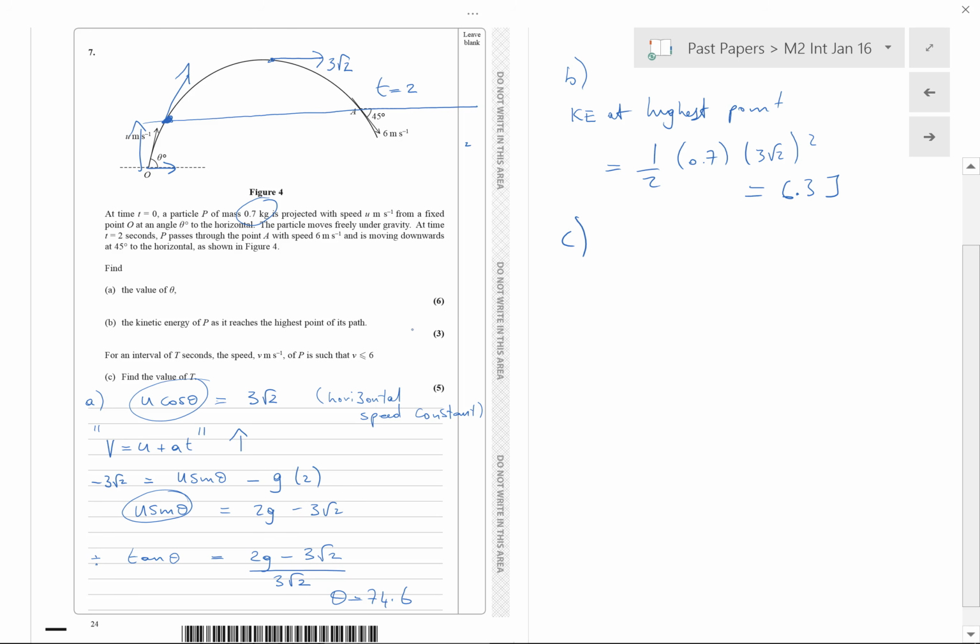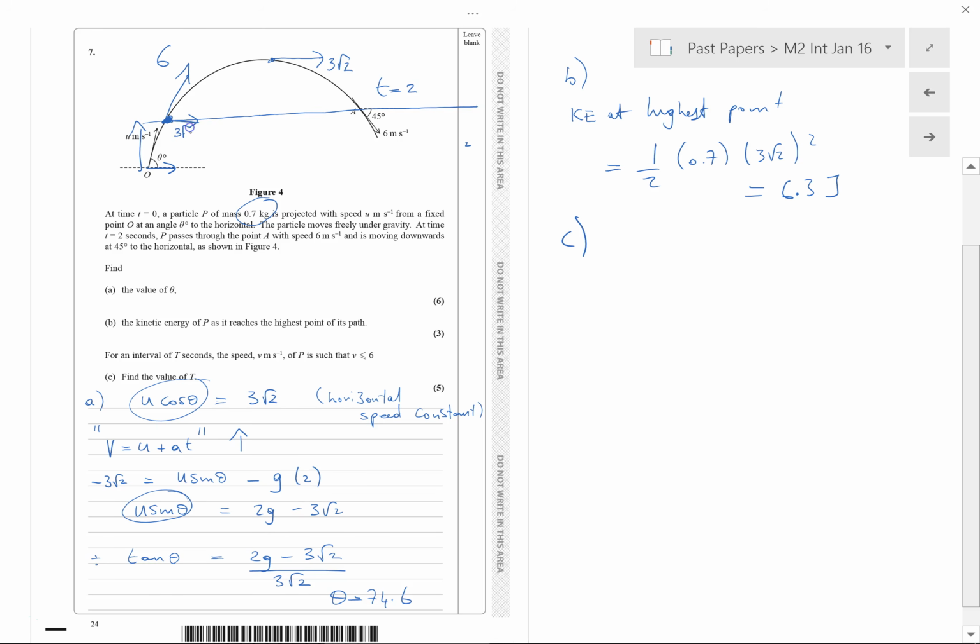By symmetry, by using energy, because it's got the same gravitational potential energy, the speed must be the same, but this time upwards. Lots of ways we know this.